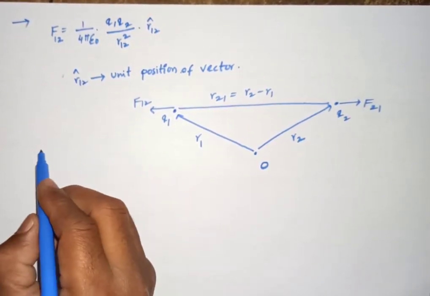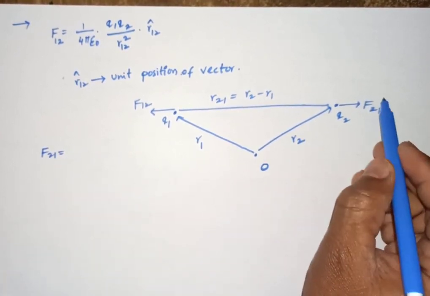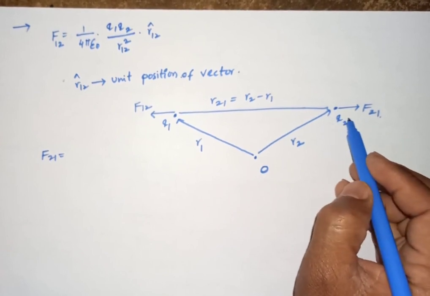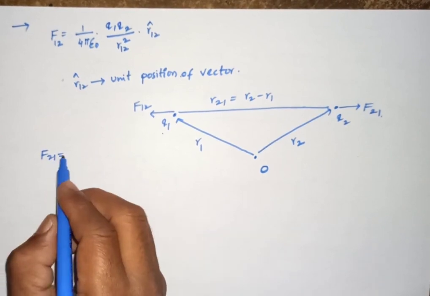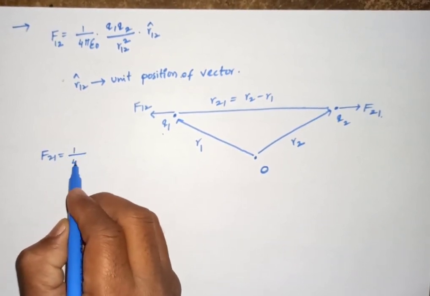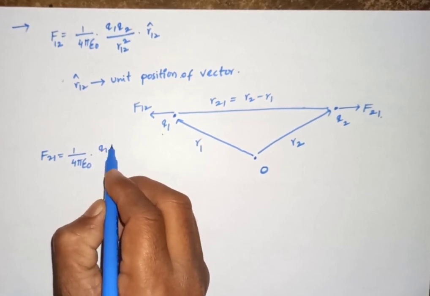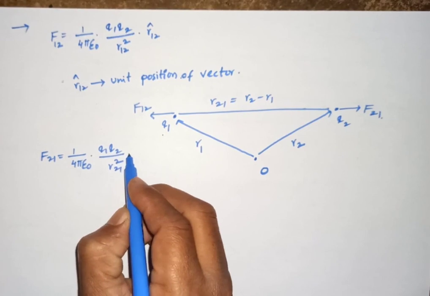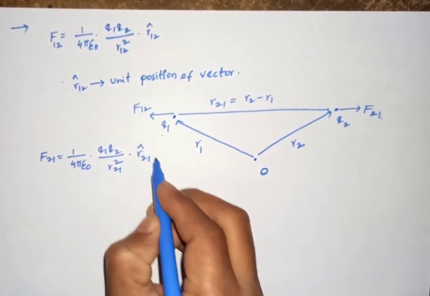So now F21 is nothing but the force on charge q2 due to q1. So F21 equals 1 by 4 pi epsilon naught into q1 q2 by r21 square into r21 cap.